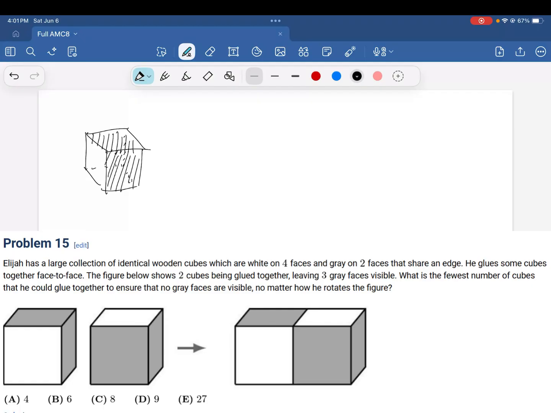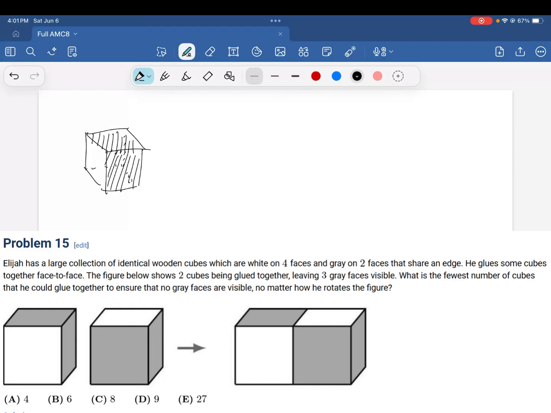And the figure shows 2 cubes being glued together, leaving three gray faces visible, with the fewest number of cubes that he could glue together to ensure that no gray faces are visible, no matter how he rotates the figure. So this problem is in 3D, but we can actually reduce it to 2D.